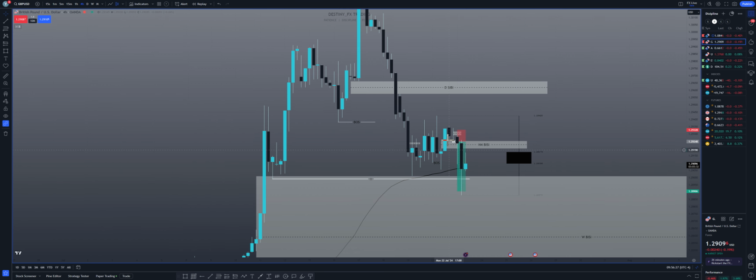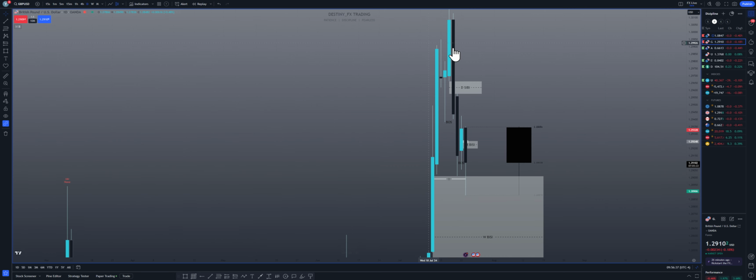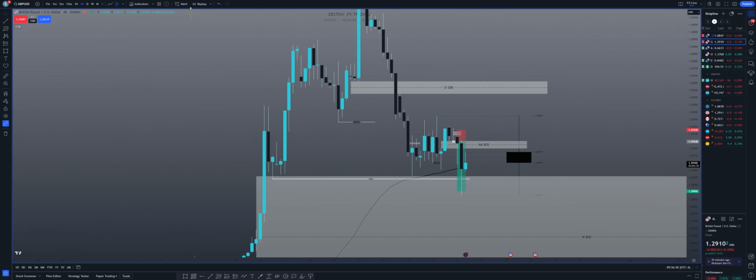So I didn't want to overcomplicate, so we did have sell side liquidity resting below all of these lows. We did on daily have this daily CB, but we closed below this, so it's more or less a breakaway gap or breakaway fair value gap, whatever you want to call it.